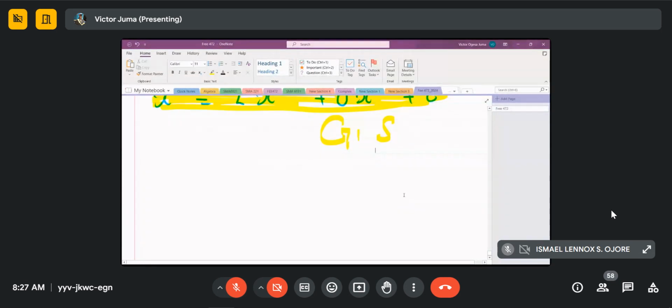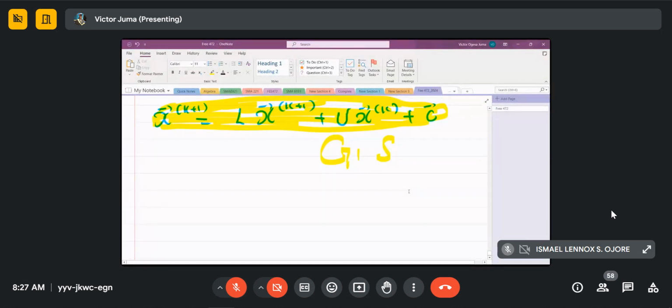For the Gauss-Seidel, we need first of all to solve for x at k plus 1.